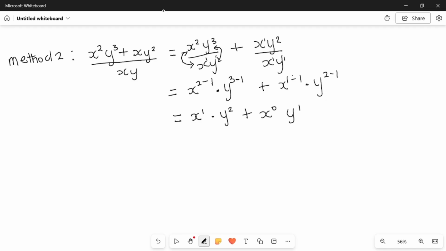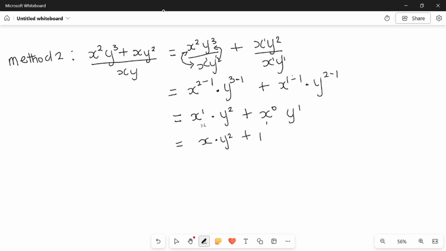So if you look at this, we know that x raised to the power 0 is the same thing as 1, and we know that x raised to the power 1 is the same thing as itself, that's x, right? So we can now write that x raised to the power 1 is x times y square plus x raised to the power 0 is 1. From our previous video when we explained the zero law. So this is it here. Any number raised to the power 0 is 1. Any base raised to the power 0 is 1. And here, any base or number raised to the power 1 is itself.